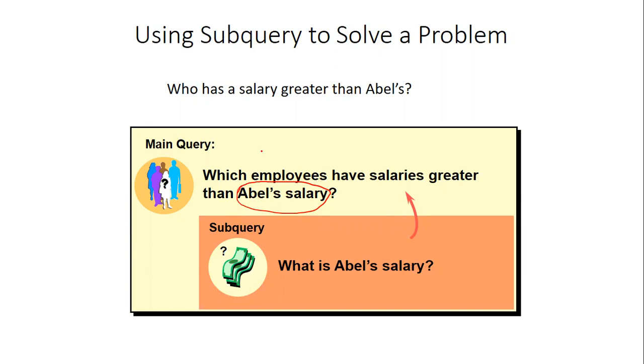If we are going to write the query, we first look at the salary of Abel. So you just write select salary from employee where e name should be Abel.